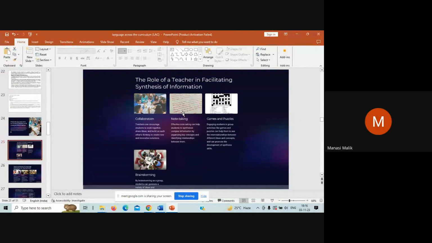So we must develop the skill of synthesis among the learners. That is possible through collaboration, through note taking, through games and puzzles and brainstorming.